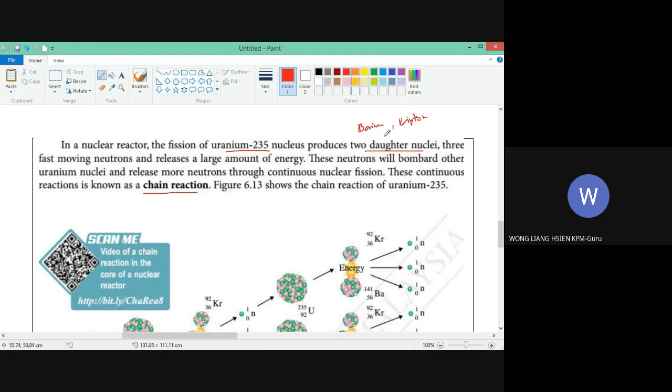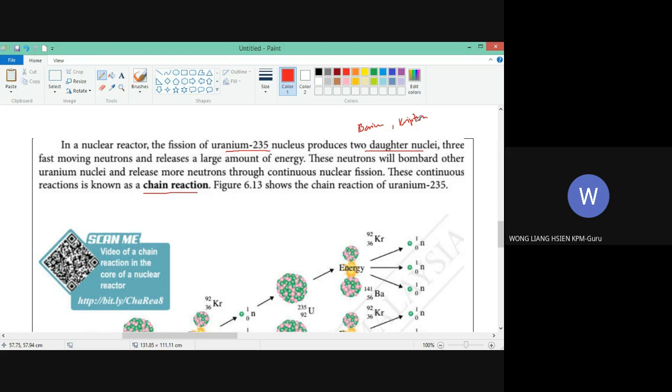This is just an example. When the uranium-235 becomes uranium-236 and splits, it can split into other kinds of elements also. So please do not get confused when, for example, a question comes out and says that the uranium splits into another kind of element.